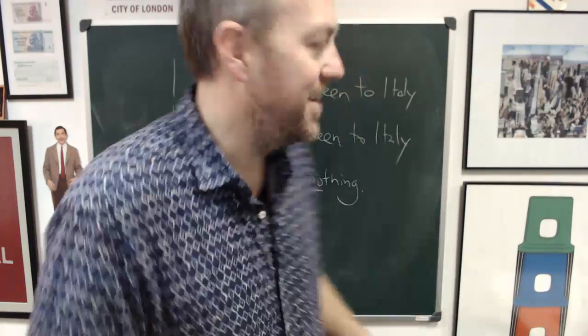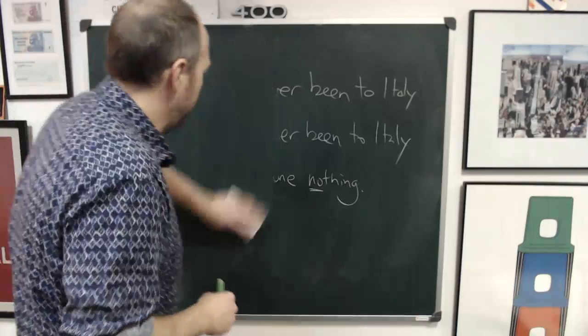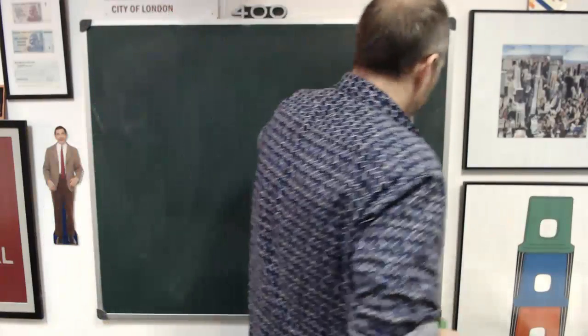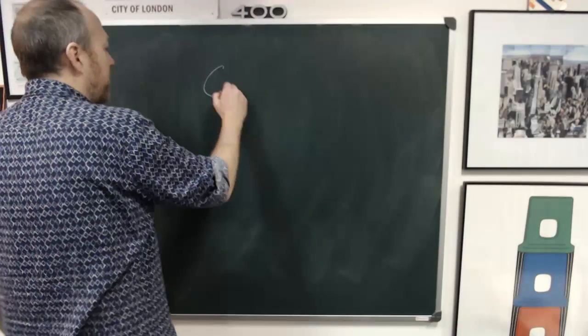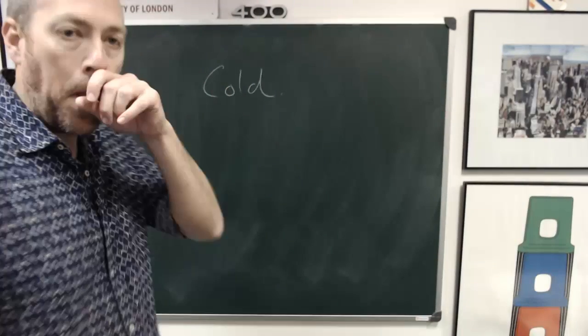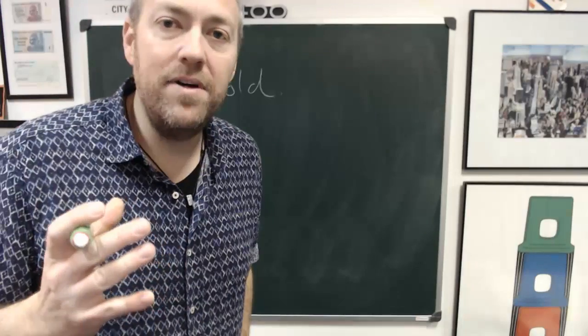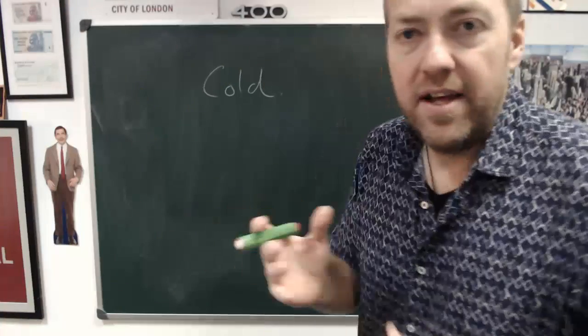Okay, so James would like me to explain the difference between the light L and the dark L in English. Ooh, it sounds very mysterious, the dark L. So, the dark L, I'm going to go on this side.